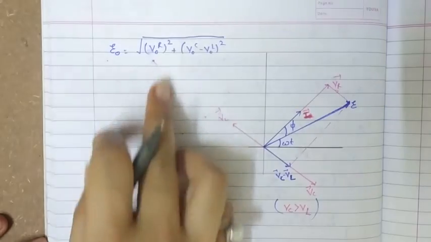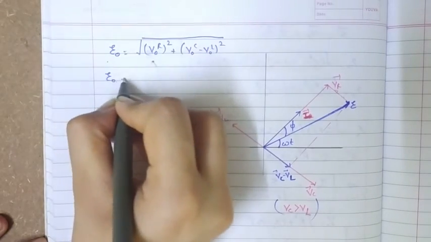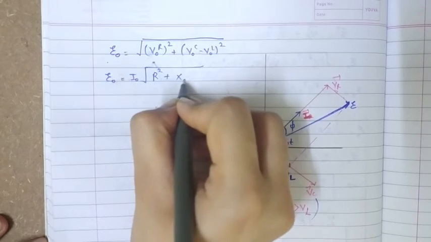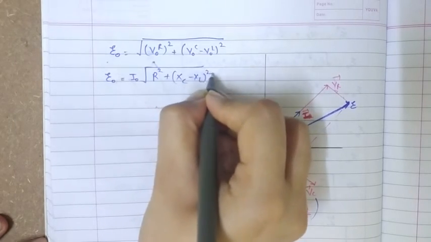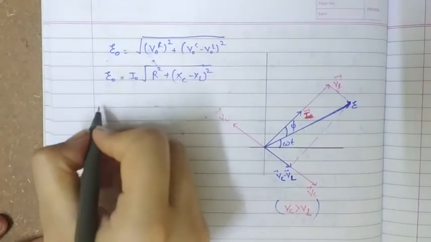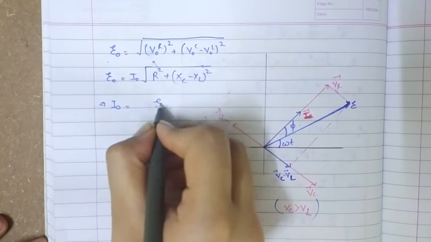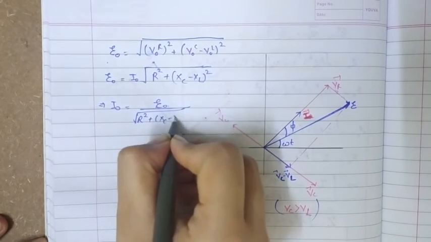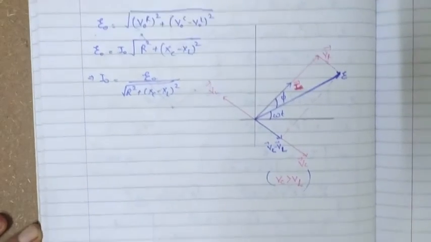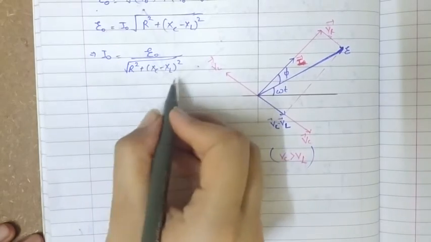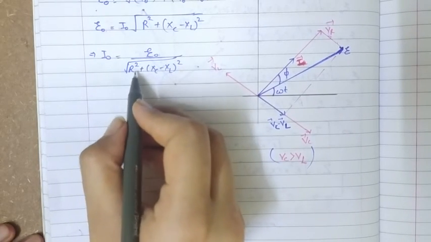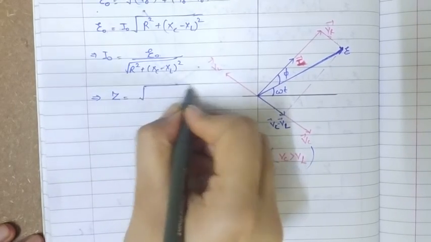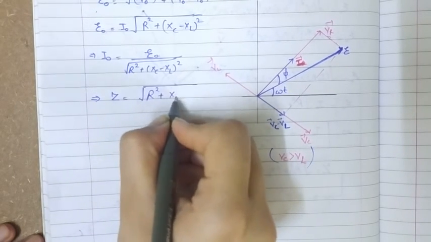So when we solve this, we get epsilon naught is equal to I naught under root R square plus XC minus XL whole square, and it gives I naught is equal to epsilon naught upon under root R square plus XC minus XL whole square. The effective resistance in this case is under root R square plus XC minus XL square, which implies impedance is under root R square plus XC minus XL square.